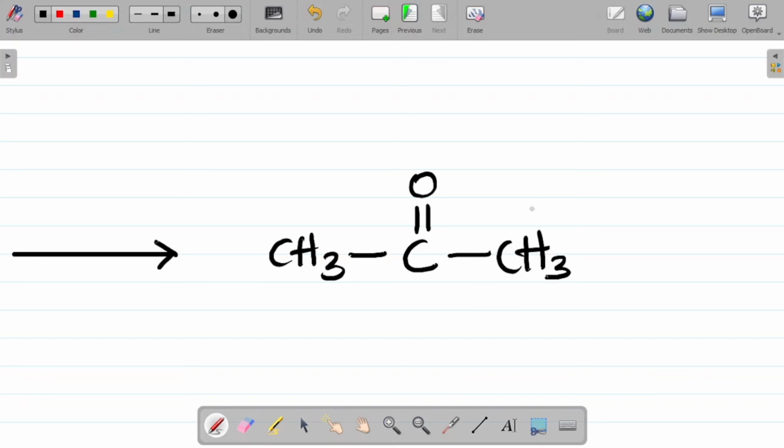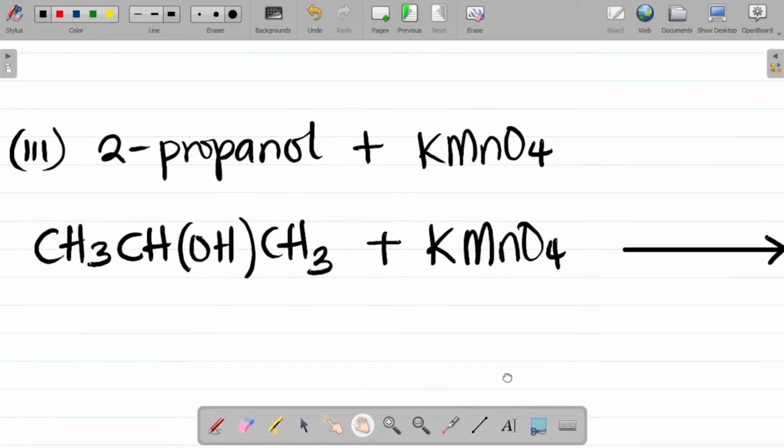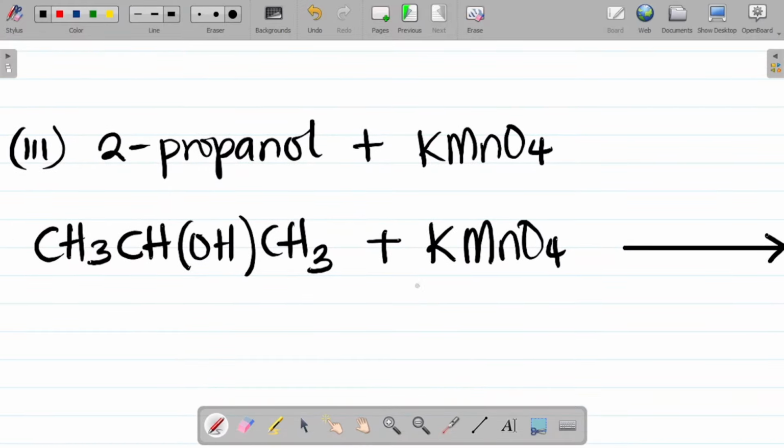All right. So if you're to name this, the first thing I have here is 2-propanone. Okay, that's your major product. Anyways, there are some minor products, but these are your major products. So I'll have 2-propanone here. What we had here is potassium permanganate.